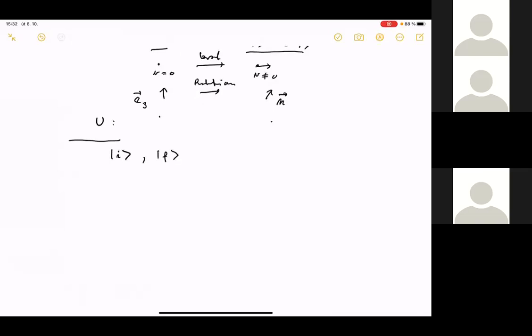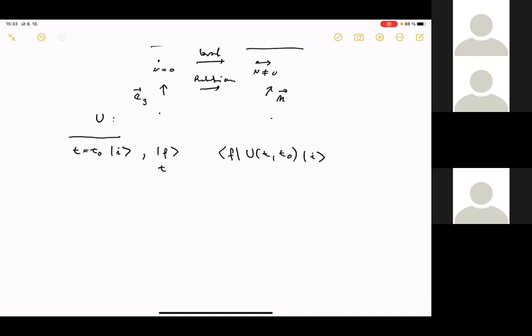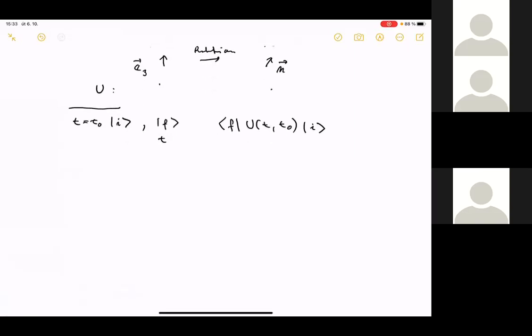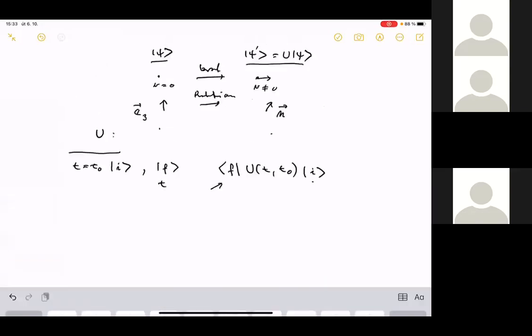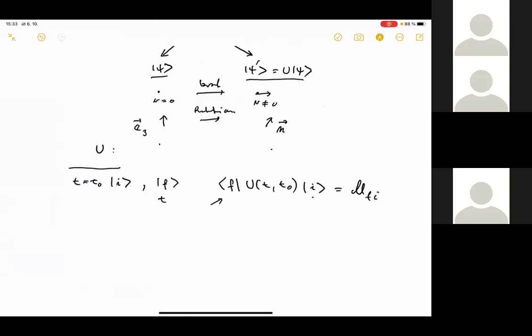And we are interested in the measurement which is described by the amplitude of time evolution from initial time t0 to final time t. That means this amplitude describes the amplitude of probability of finding the system which was at initial time t0 in the initial state I in the state f. So let us denote this amplitude as mfi, and let us calculate this mfi in two possible ways.